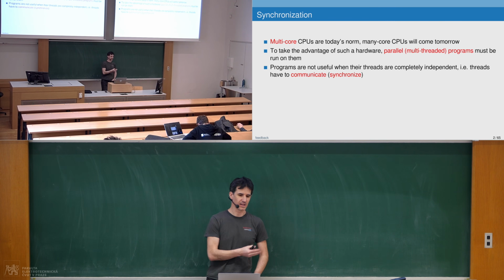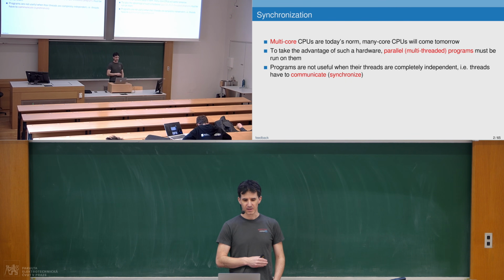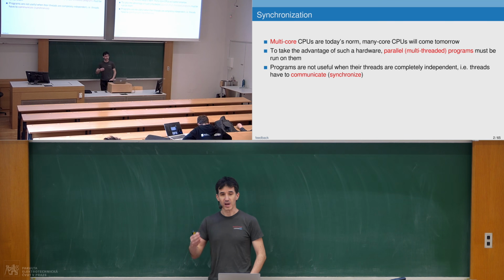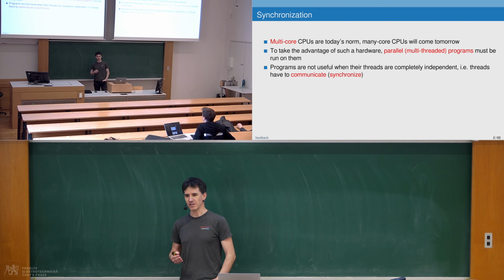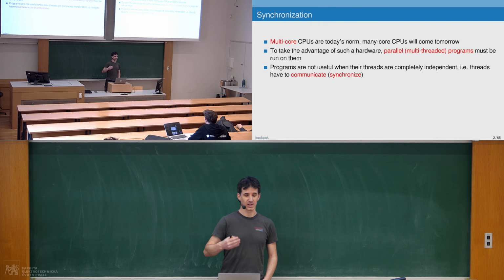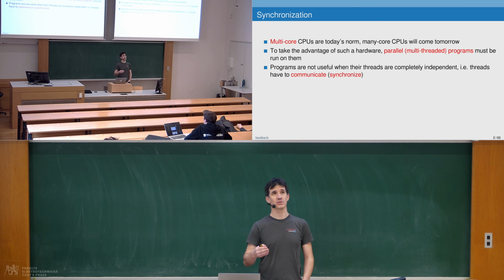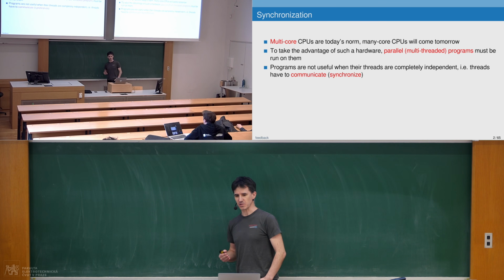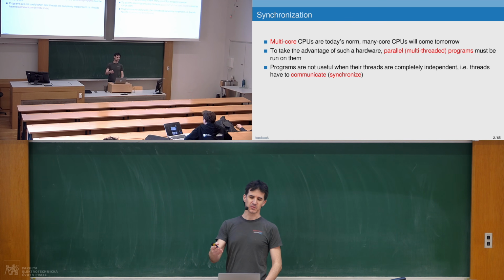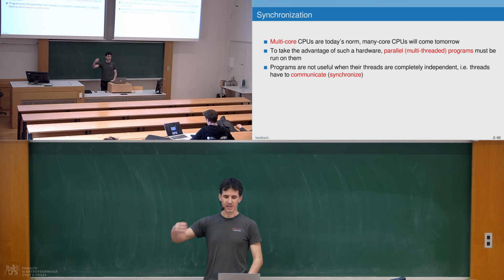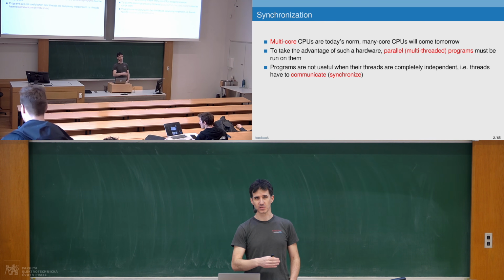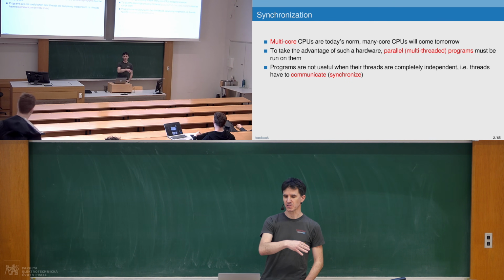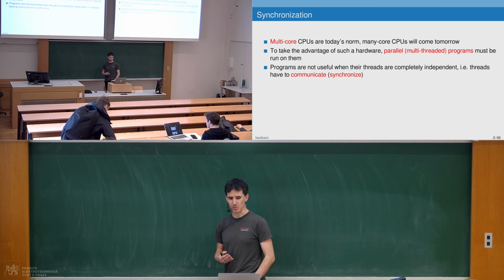Otherwise, it's like running a number of independent programs. This communication is what we call synchronization in this lecture, because every communication is some kind of synchronization. If I'm sending data, it means that on the other end somebody waits for this data, so they synchronize their execution.